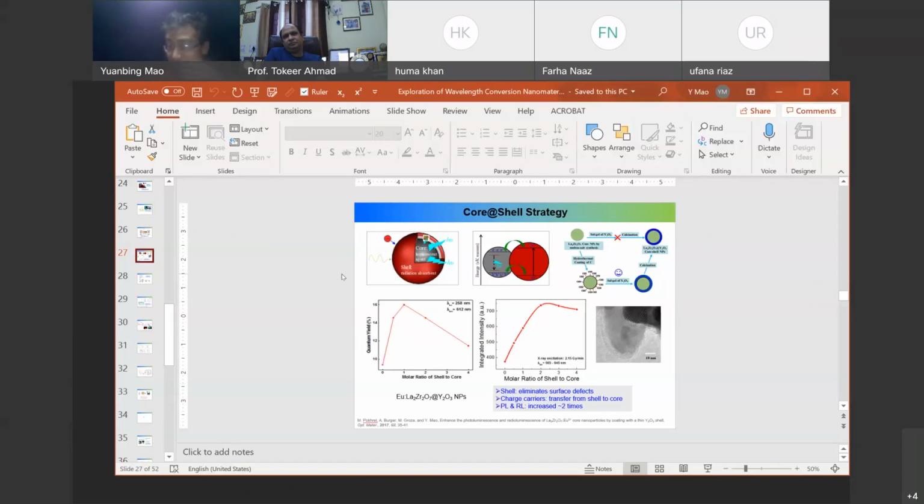There are some studies on that aspect, but mostly the organic part is used to absorb the excitation light, because the absorption band for the organic materials is mostly pretty wide.